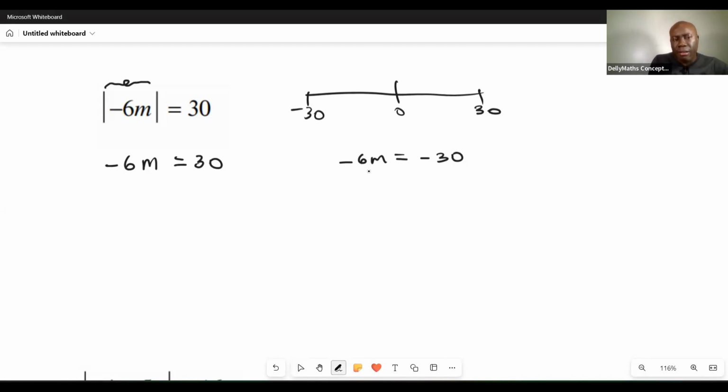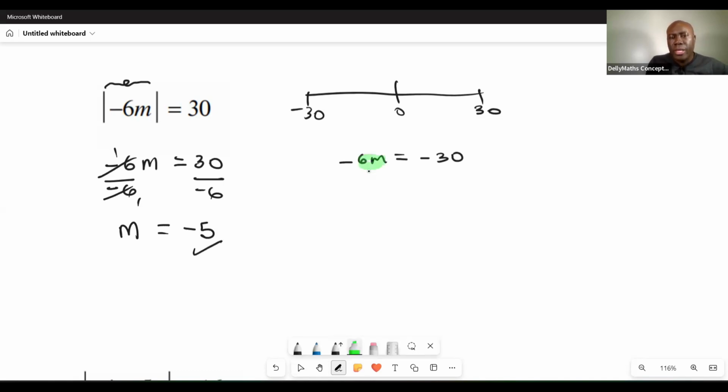So in this case, let us solve for m. We're going to divide by negative 6. If we divide by negative 6, negative 6 cancels itself one time, so 1 times m is m, and this is equal to 30 divided by negative 6, which gives us negative 5. That's one of our responses. Now, negative 6m is equal to negative 30.